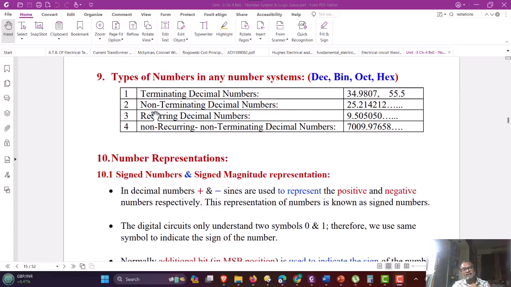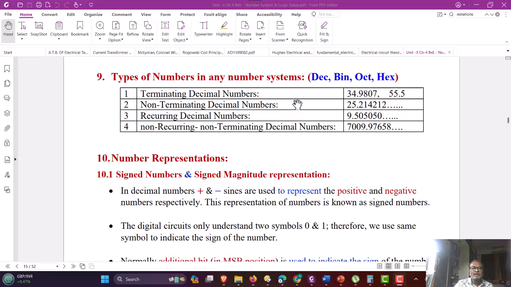Non-terminating decimal numbers are indefinite numbers that continue to an infinite number of decimal places, like 25.214212... It will continue like the value of root 2 or the value of pi. The number generated continues up to infinity.